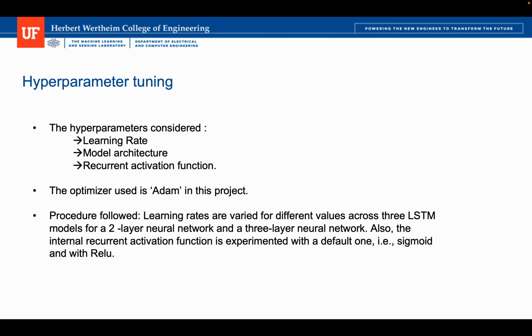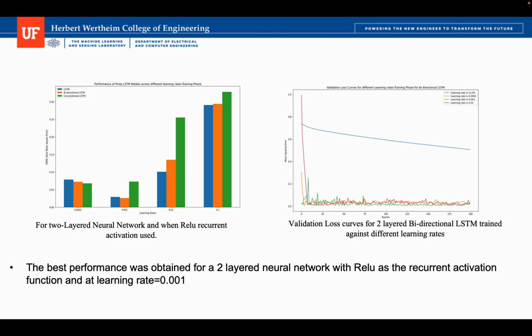Under all these combinations, I've taken four values of learning rates, the 2 different architectures of LSTMs, and the 2 recurrent activation functions, and I've just tried to see which one fits better. It says that for the learning rate 0.001, the best performance was observed, with a 2-layer neural network and the ReLU activation function at the recurrent stage.